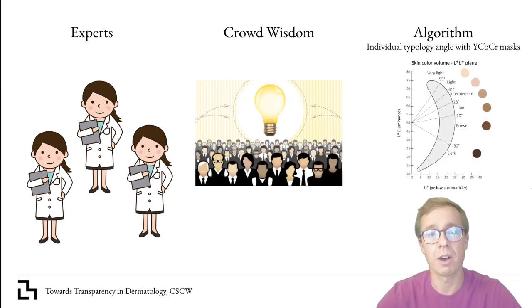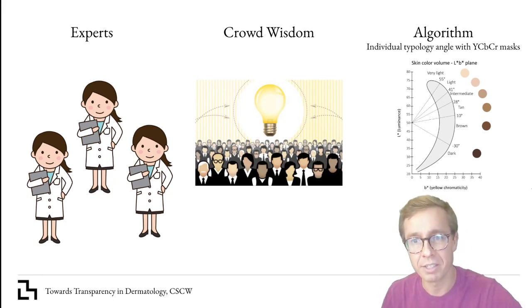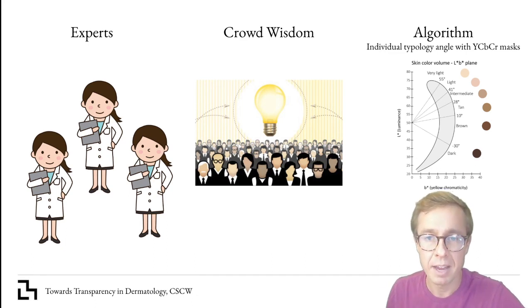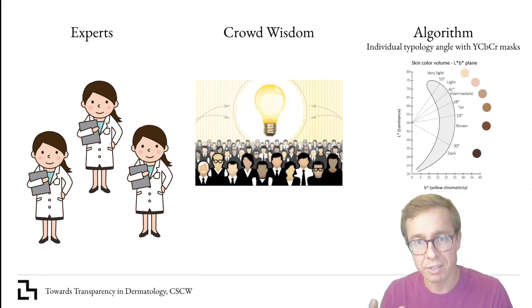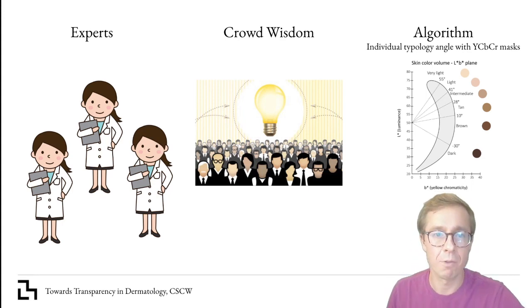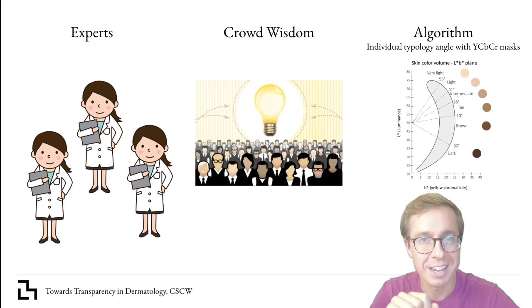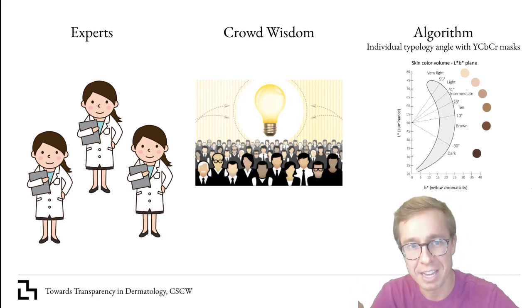Now, we also applied an algorithm called Individual Typology Angle, or ITA, to these images. ITA is a commonly used algorithm in this space, and what I mean by commonly used is there are published papers that use ITA to estimate skin type, and ITA is a computer vision algorithm that transforms RGB values in an image into a single metric for constitutive pigmentation of the image.